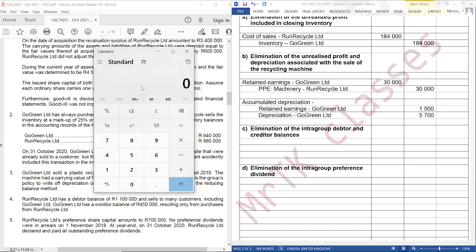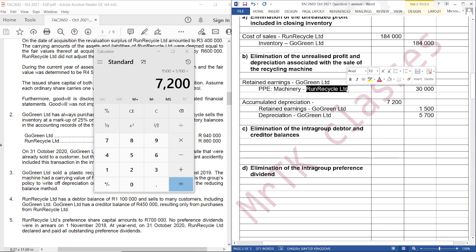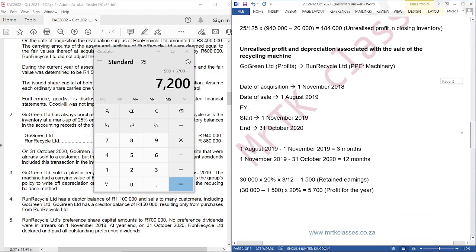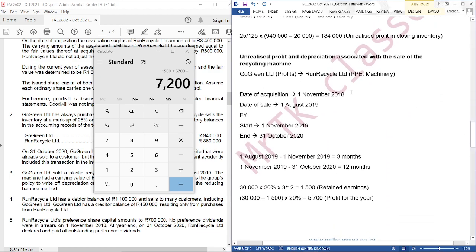So we are going to add these two amounts, 7,200, right? So we are going to increase our property, plant and equipment in the books of Run Recycle Limited. Alternatively, you can check here, right? Property, plant and equipment in the books of Run Recycle Limited, right?